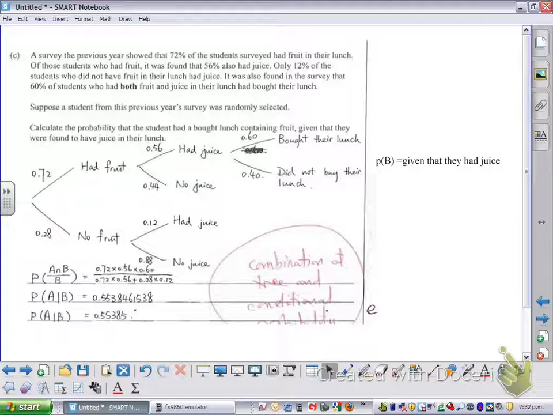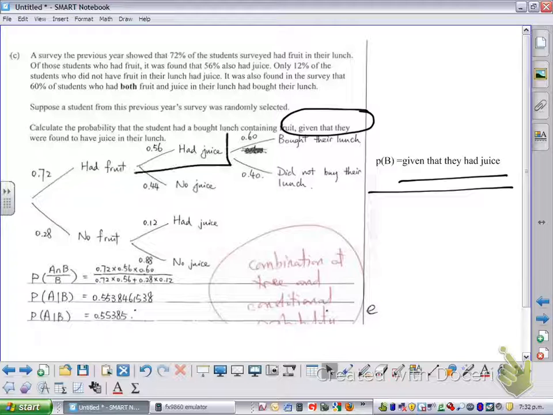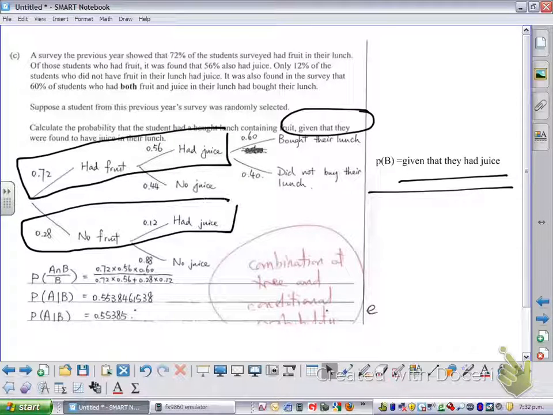Okay? So calculate the probability the student had a bought lunch containing fruit, given that they were found to have juice in their lunch. Given. All right? So given that they had juice. So the probability of B is simply the fact that they would have juice in their lunch. So the possibilities of having juice is this possibility and this possibility.